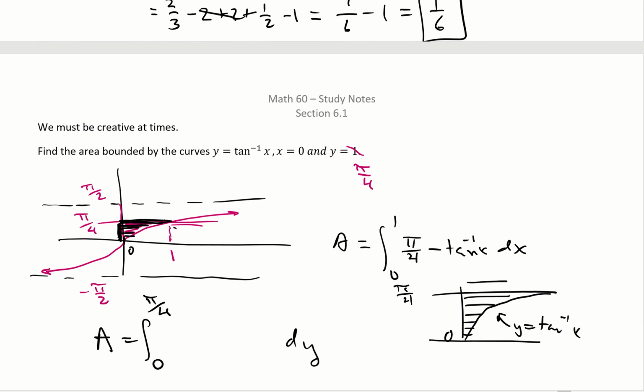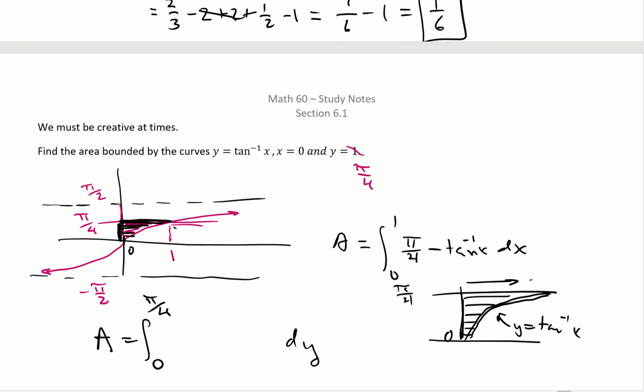Nevertheless, there is a larger function or curve out here, and then there's a smaller one, a lesser one right there. And the smaller one is just 0. So you're really just looking at the area between the tan inverse curve and 0. The farther curve is this way, but I have to write it in terms of y.